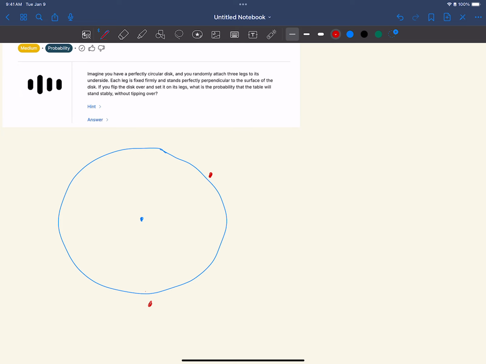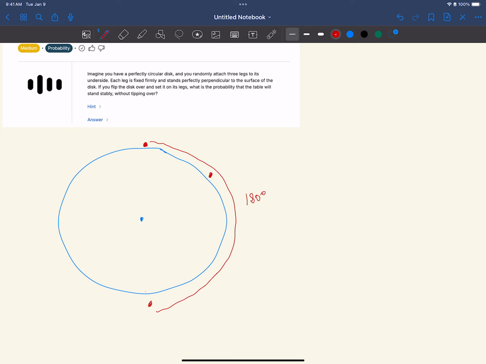And so what is the orientation of table legs such that this table will fall over? Well, certainly we need the center of mass to be within the bounds of the three legs. So what that means is we actually want these three legs to be less than 180 degrees apart.